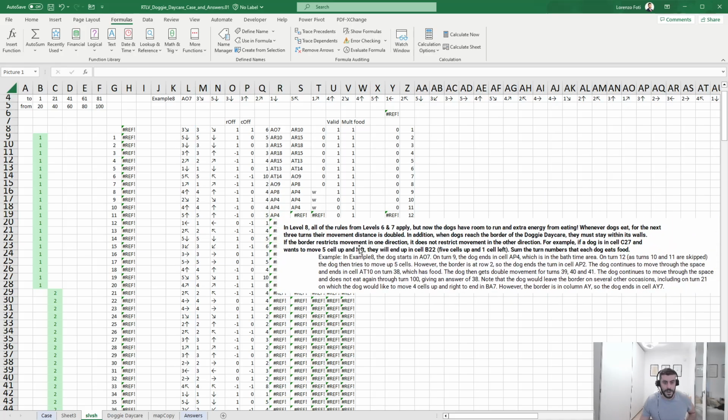So you must stay within its walls. If the border restricts movement in one direction, it does not restrict movement in the other direction. For example, C27 wants to move 5 cells up and left. It will end up in cell B22.